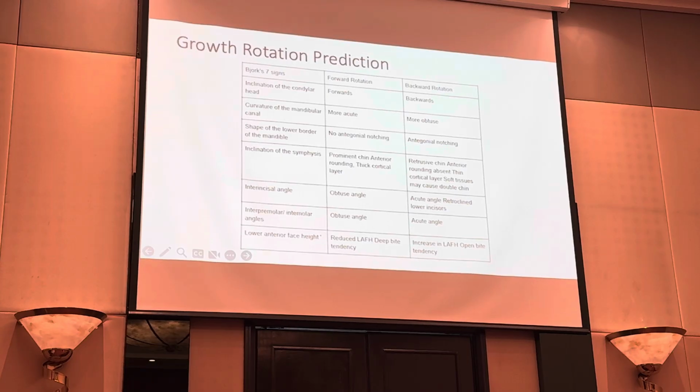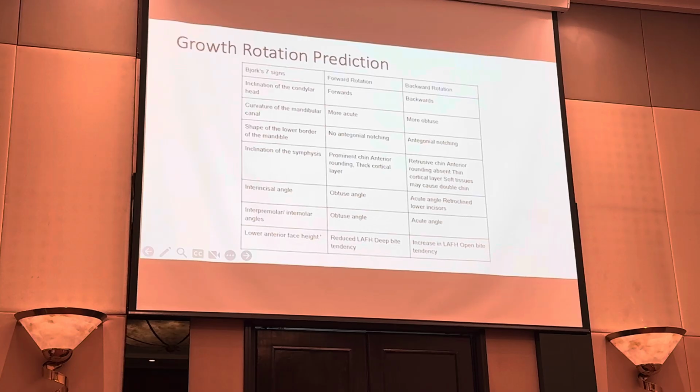Now, in terms of Bjork, he did a very interesting study in those days. Obviously, it's not allowed these days. How he came up with these 7 signs is he picked growing children and put metal rods or metal implants into the skull.